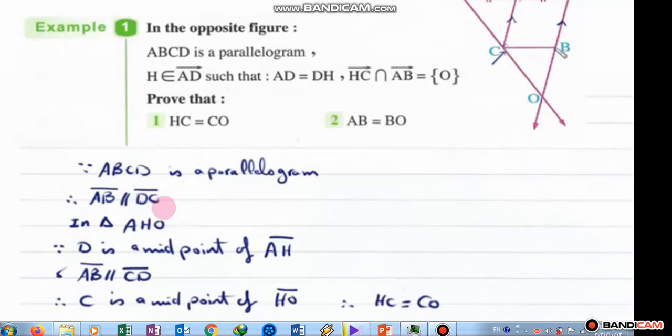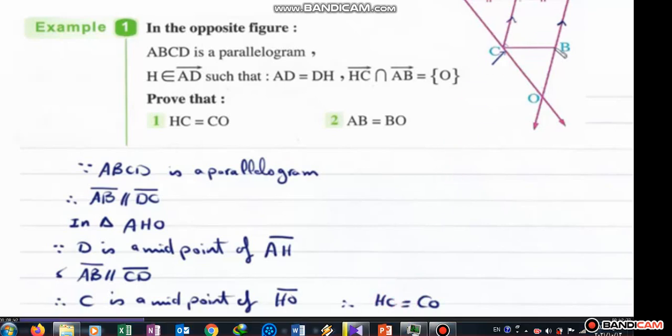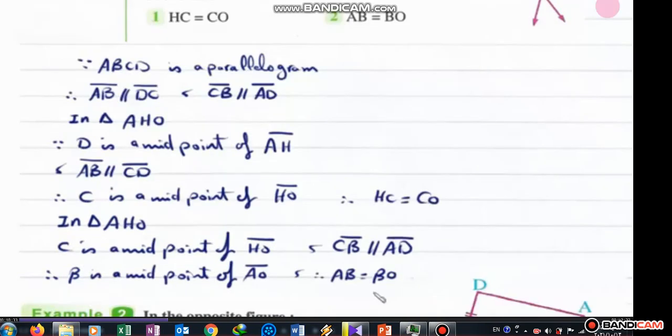AB is parallel to CO, AB parallel to DC. In triangle AHO, D is the midpoint of AH, and AB is parallel to CD, then C is the midpoint of HO, then HC equals CO. Okay, that's at first.